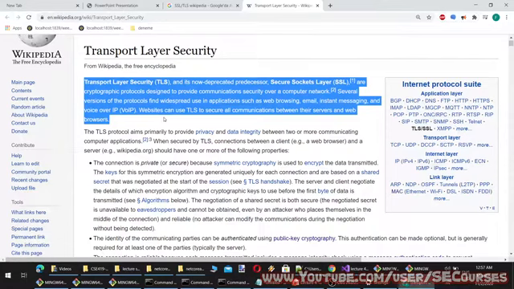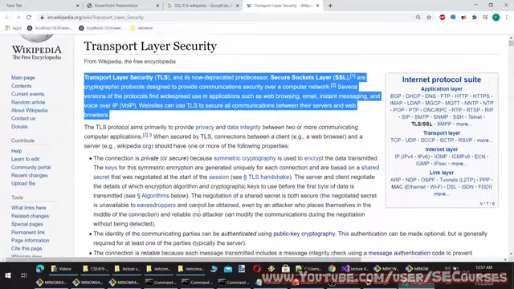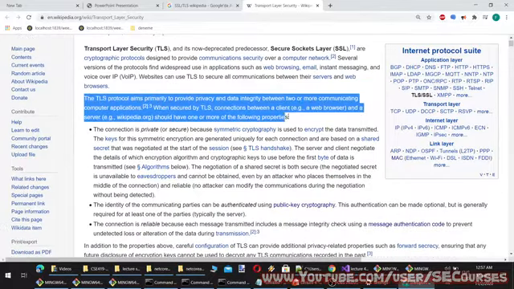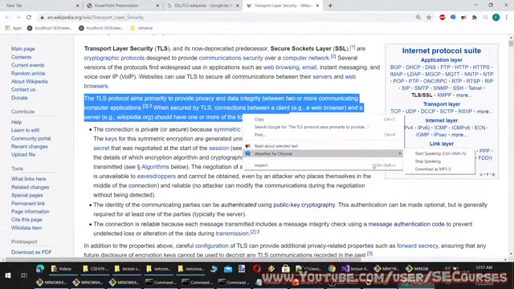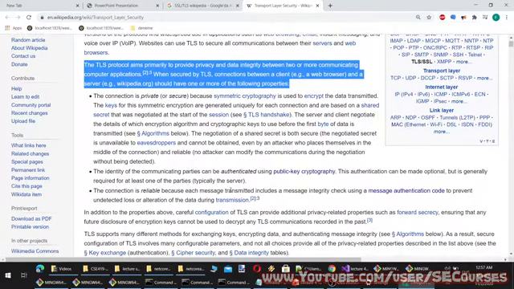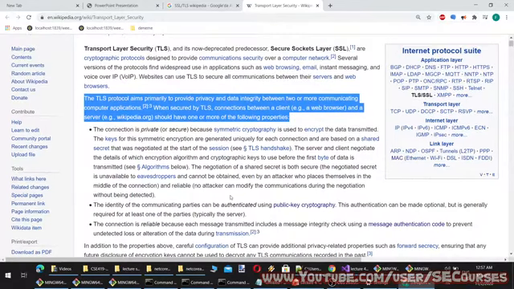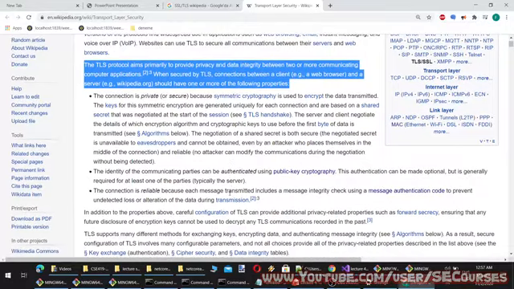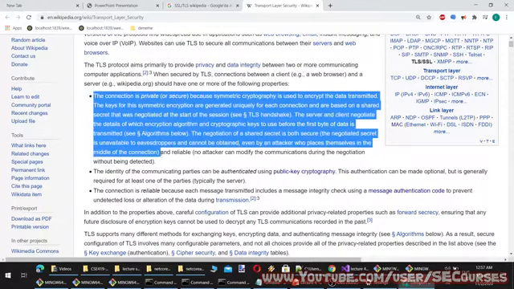Websites can use TLS to secure all communications between their servers and web browsers. The TLS protocol aims primarily to provide privacy and data integrity between two or more communicating computer applications. When secured by TLS, connections between a client, e.g., a web browser, and a server, e.g., wikipedia.org, should have one or more of the following properties.